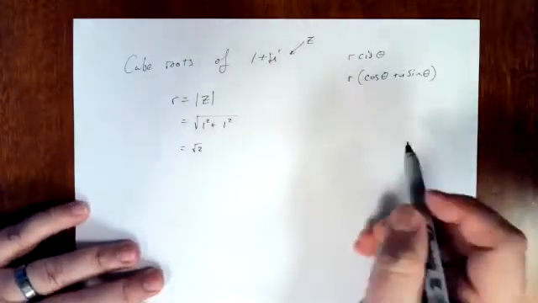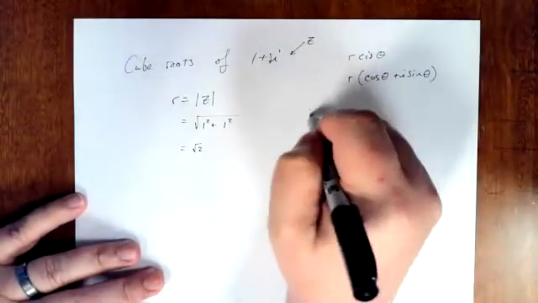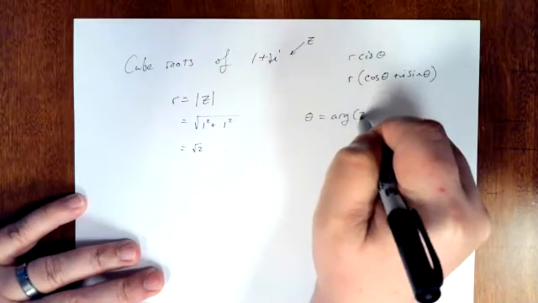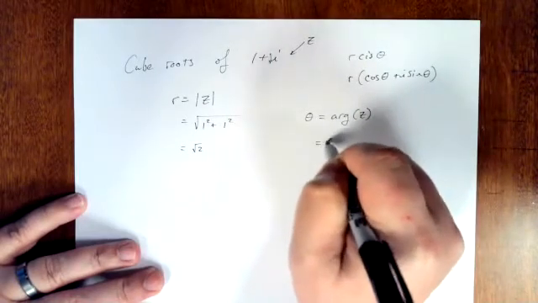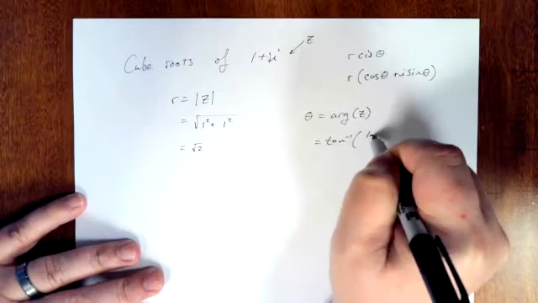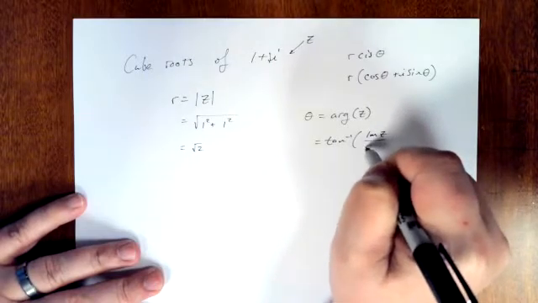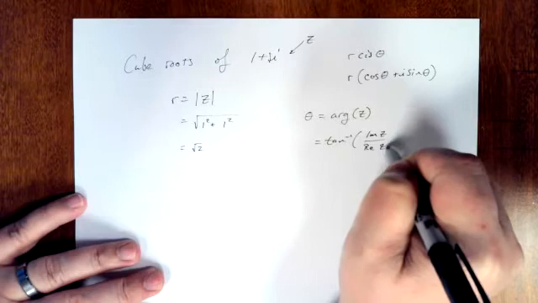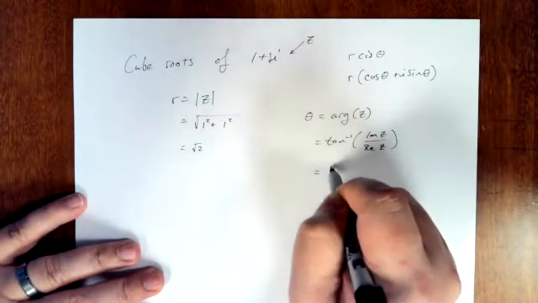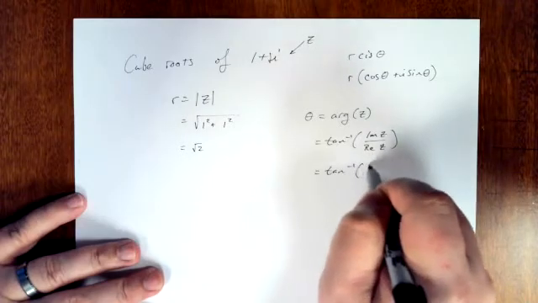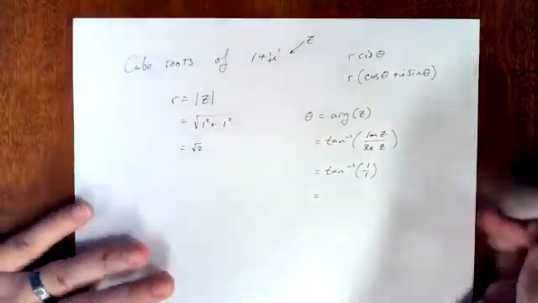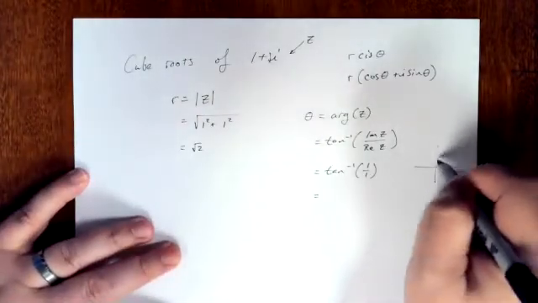Now I still need theta. Theta is the argument of z, and that is the arctangent of the imaginary part all over the real part. In this case, it's 1 over 1. And the arctangent of 1, well, when is the slope equal to 1?